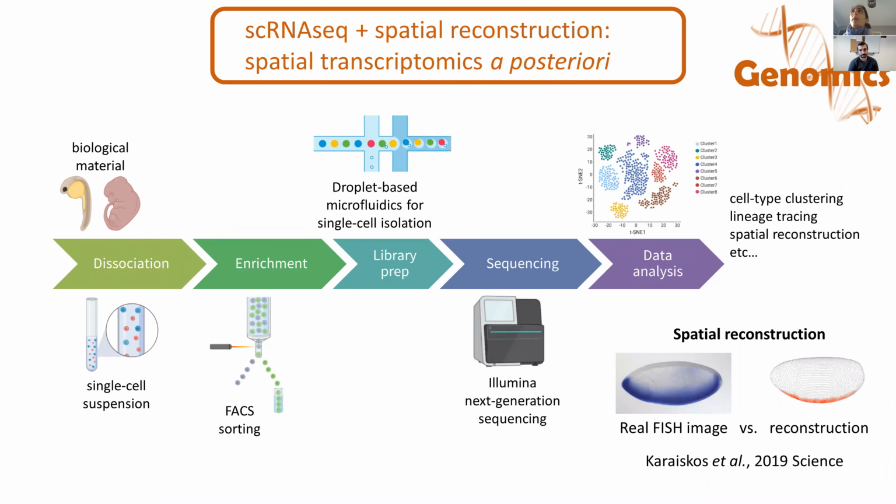For example, you can use machine learning methods that would use pre-existing in situ images of important marker genes, or you can also use the assumption that two cells that are close in space tend to have transcriptomes that are relatively close to each other. And so with these methods, you can actually reconstruct the 3D space of your single cell analysis.